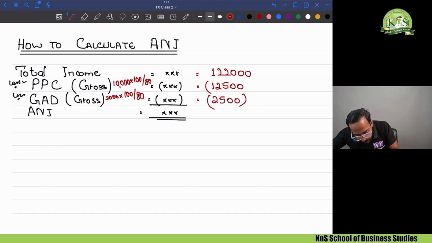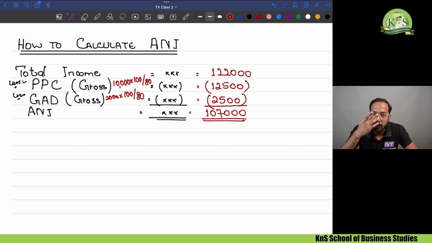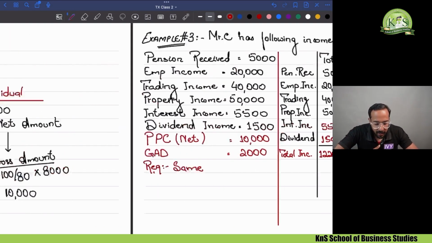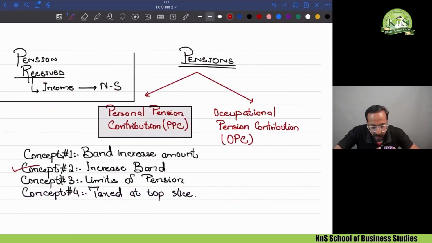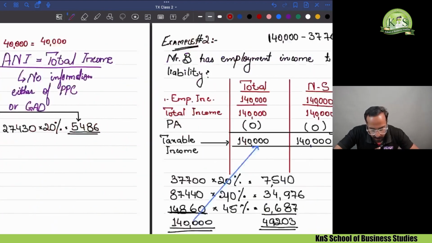You need to less this in order to get the ANI. It is 1,07,000. Now here condition number 3 is fulfilling where we started.